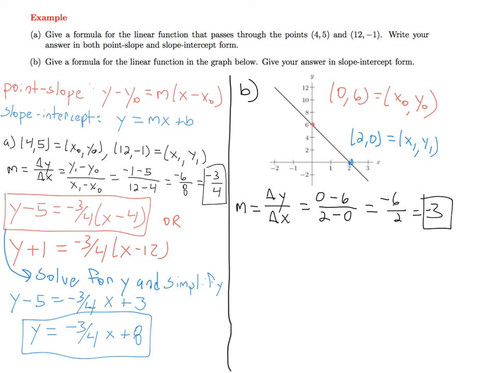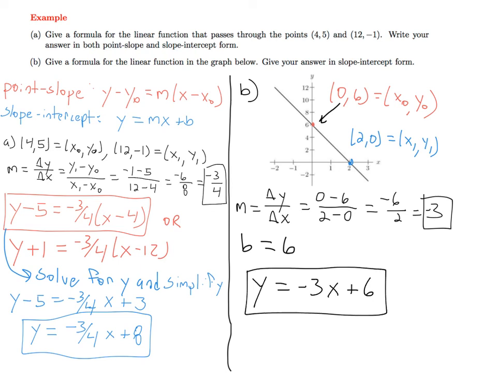And to put this in slope-intercept form, if I know a slope and I know the y-intercept, well then we're ready to come up with a formula. And so here we see the y-intercept. We know that b is equal to 6, since that's my vertical intercept. So now once I know m and b, I have that y is equal to mx plus b, which is y equals -3x plus 6. And there would be our slope-intercept form for part B.